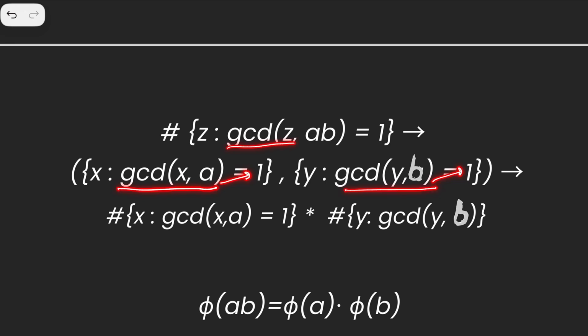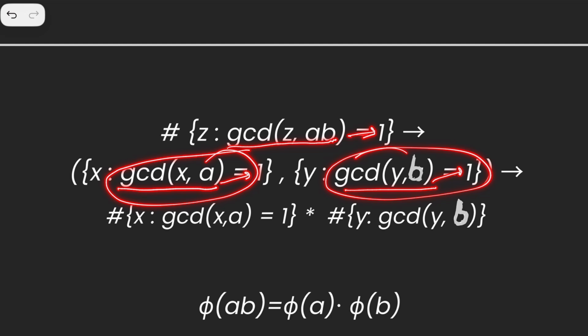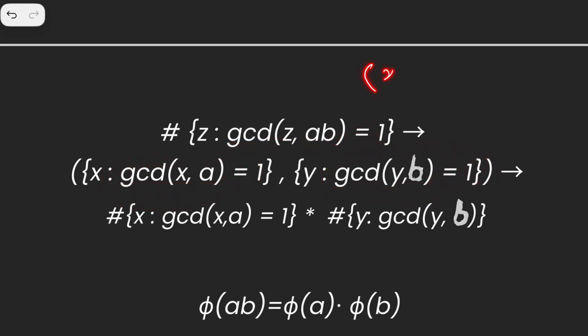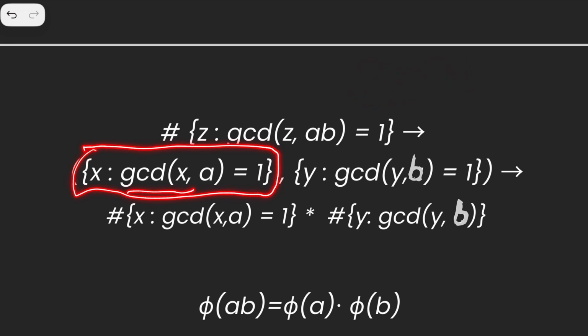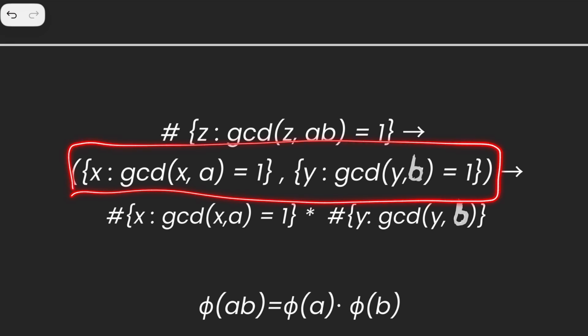Why? Because if GCD of Z comma AB is 1, then these two conditions must hold true. That's why we are counting X such that GCD of X comma A is 1 and Y such that GCD of Y comma B is 1. Right? So these are the pairs that we are going to count.